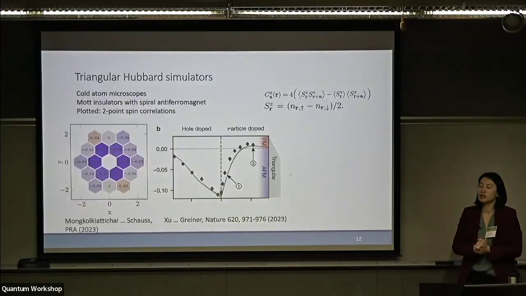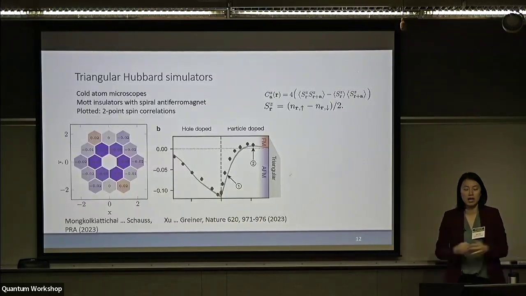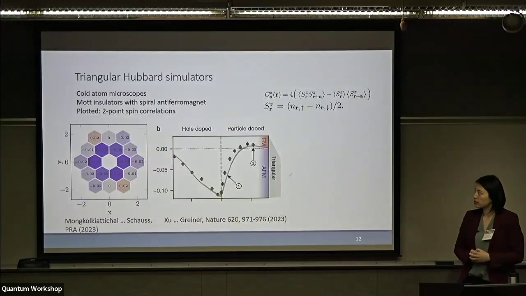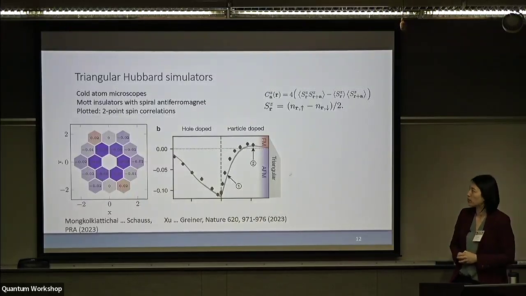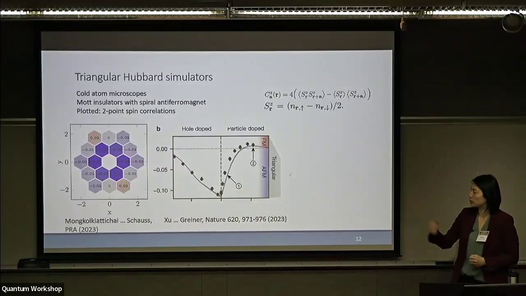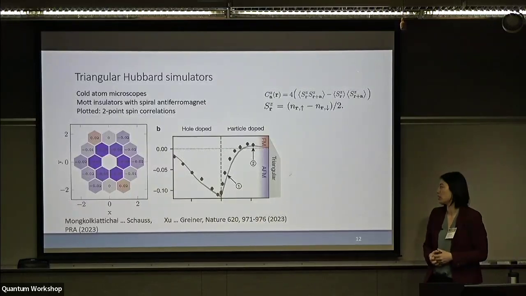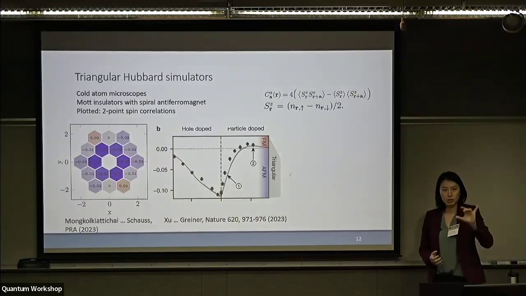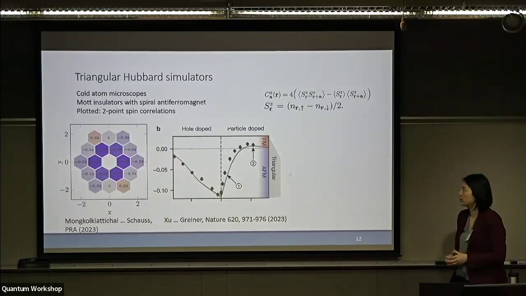Triangular Hubbard simulators had started to pop online in around 2022, 2023, leveraging the technology of these cold atom microscopes. So two groups, the group of Peter Schauss, then at University of Virginia, and Markus Greiner at Harvard, were able to take snapshot images of these Mott insulators.